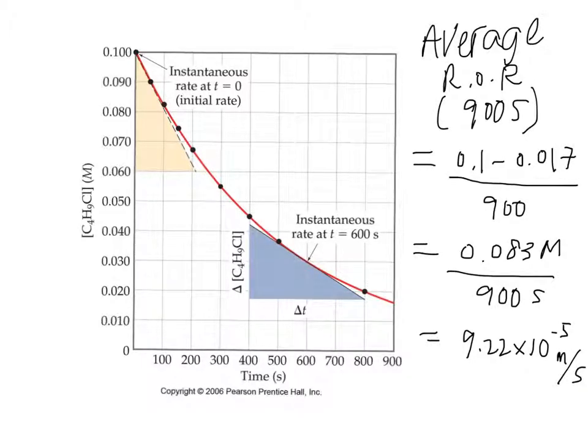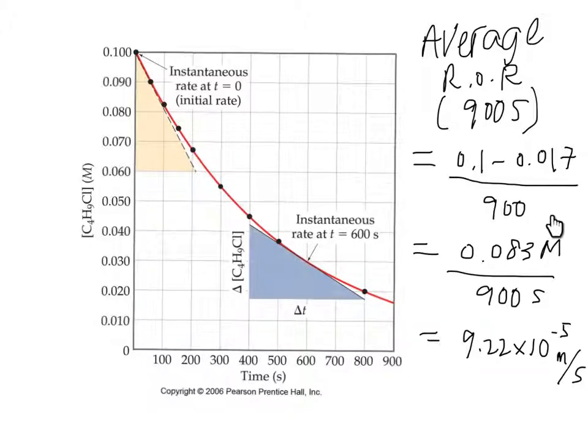To calculate the average rate of reaction over 900 seconds, we have to take into account the initial reactant amount and the final amount of reactants left. Therefore, it will be equal to 0.1 minus 0.0107, divided by the total amount of time, which is 900 seconds.